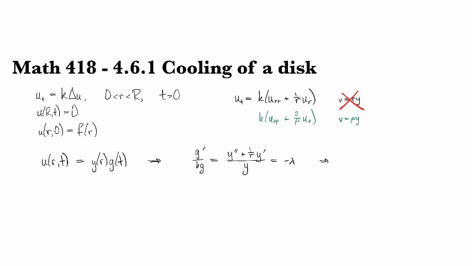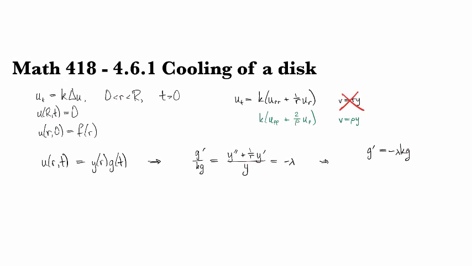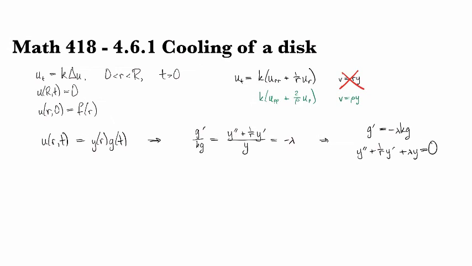And then that's going to give us g prime equals minus lambda kg, and y double prime plus 1 over r y prime plus lambda y equals 0. And this one is known as Bessel's equation.